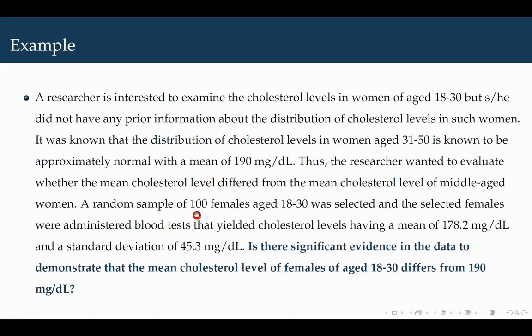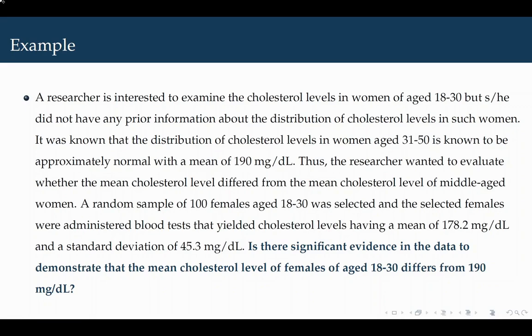So a random sample of 100 females aged 18 up to 30, which is our population of interest, was selected, and the selected females were administered blood tests that yielded cholesterol levels having a mean of 178.2 milligrams per dl and a standard deviation of 45.3 milligrams per dl.